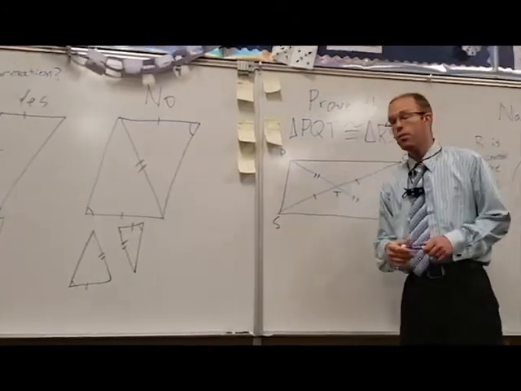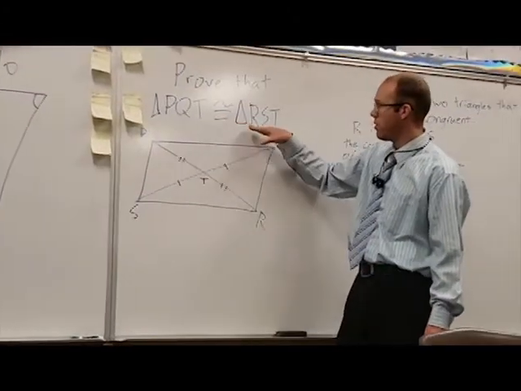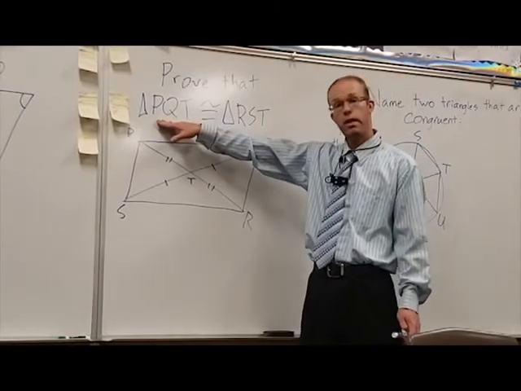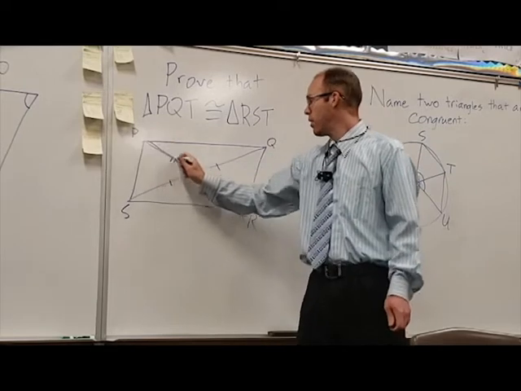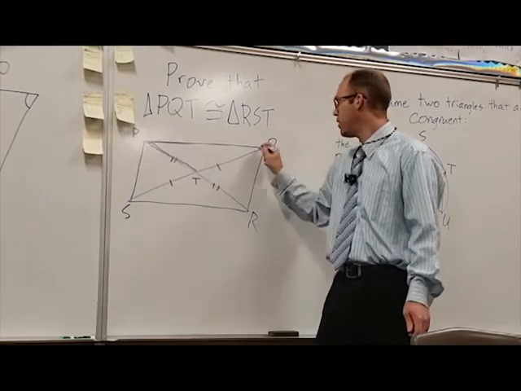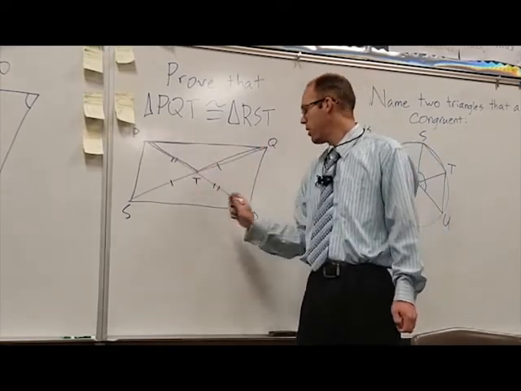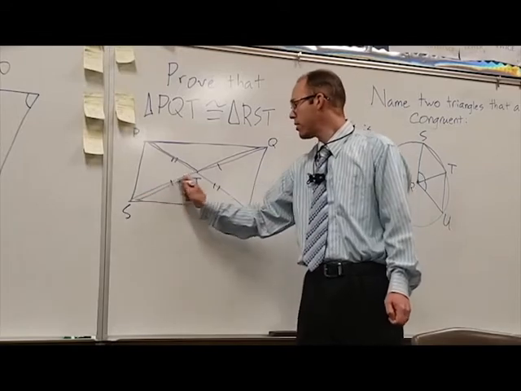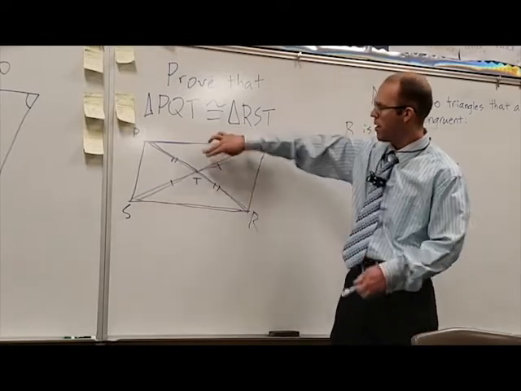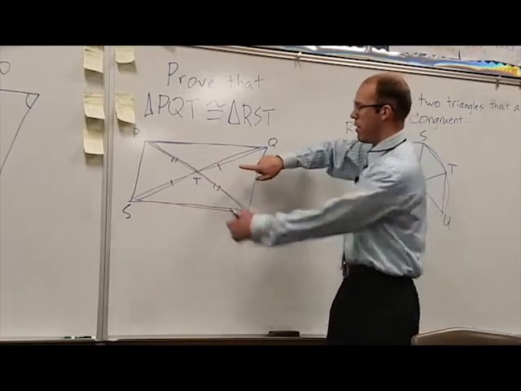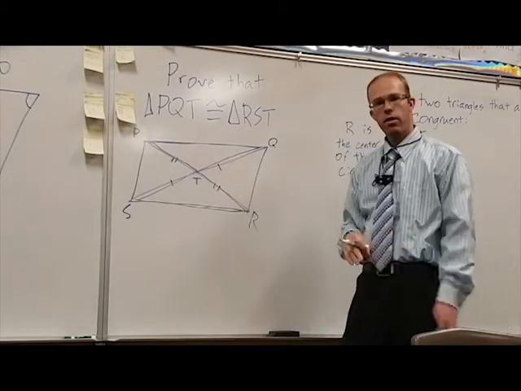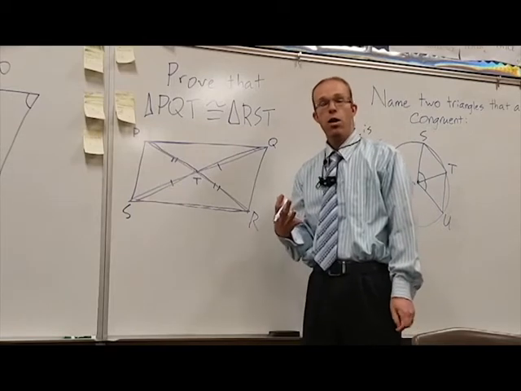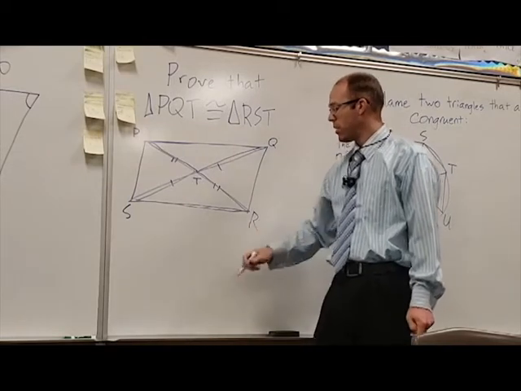Our task is to prove that these 2 triangles are congruent. We have triangle PQT and we have triangle RST. PQT is that triangle and RST is that triangle. So the one on the top and the one on the bottom. And we have a pair of sides and a second pair of sides, but we don't have any angles that are given, so I'm going to go back to the vertical angle concept that we talked about.